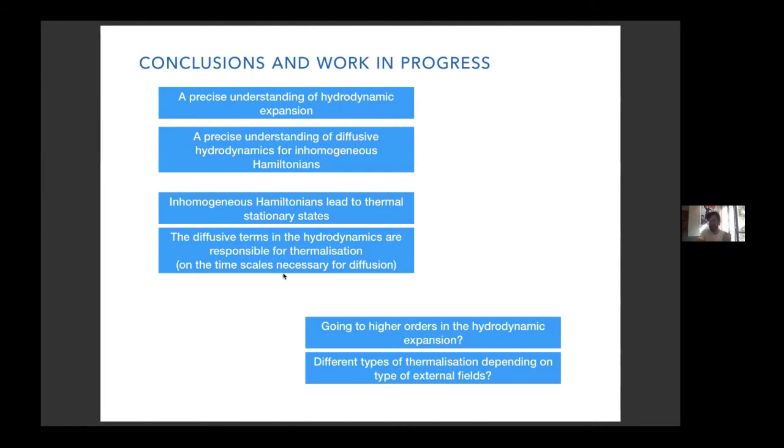And from this, we understand where the diffusive terms in the hydrodynamics come from. This proved to be fundamental to understand how to add diffusive terms to an inhomogeneous Hamiltonian, because although the problem seems quite standard, how to derive diffusive hydrodynamics of an inhomogeneous Hamiltonian, we could not find an answer. So this helped a lot.